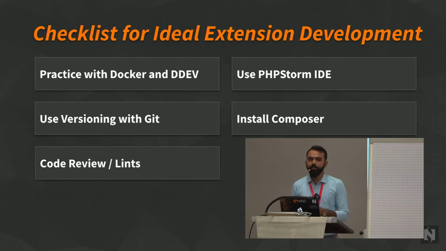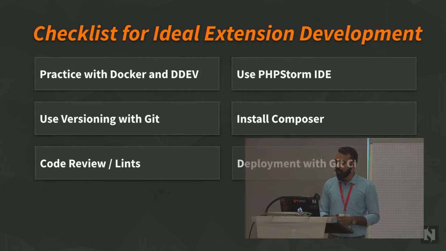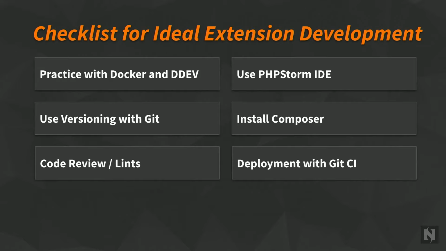Always do code review with the linters, as I said, or with a senior programmer to check the code, right? Use Git CI for deployment. It's not just about TER, but you can set up things for your private projects instead of doing FTP or whatever. Just go with Git CI, so it will save your time and be easy to maintain.